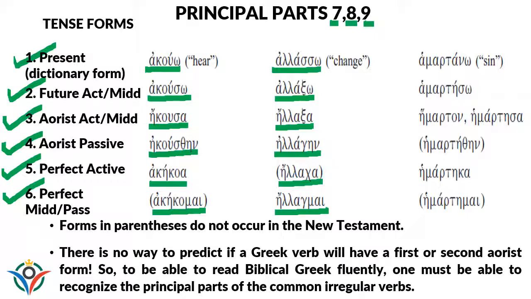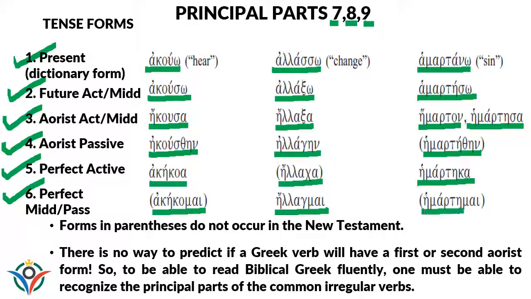And then we have hamartano, which is sin. Then we have hamartiso, hamarton, or hamartesa. So 2 principal parts for the aorist active middle. Then we have hamartethen, hamarteka, and hamartemai.